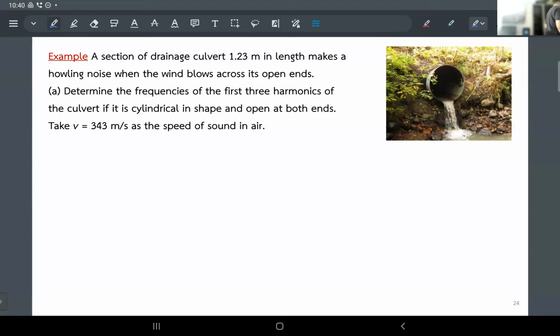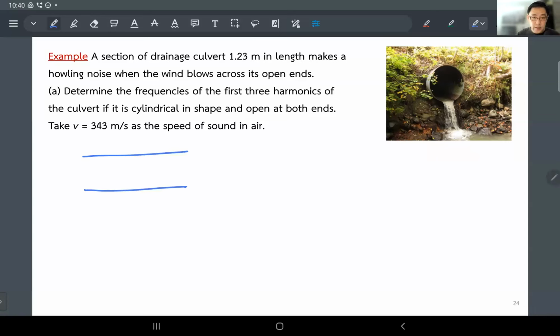Got that one? Already? The calculation, I don't think, is that bad, because now you assume a tube open at both ends.